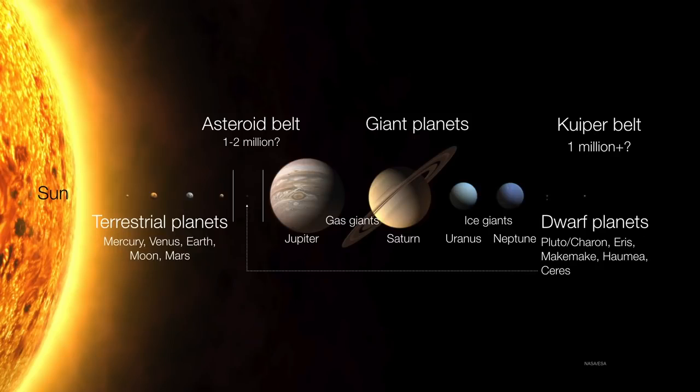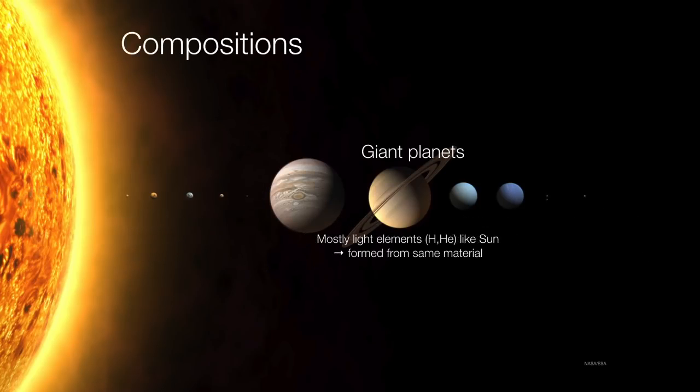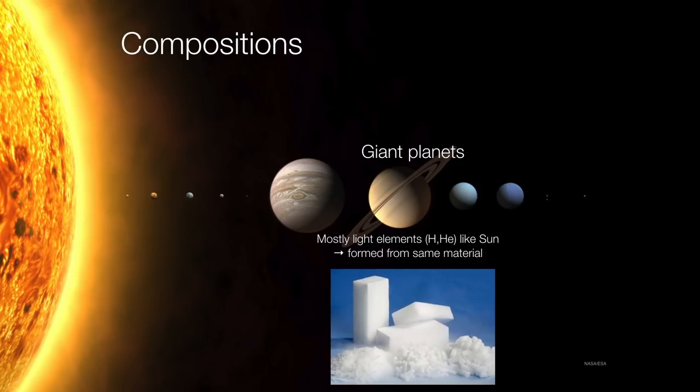So as we gaze around the solar system, we find there's a variety of objects, namely giant planets and terrestrial planets. Giant planets are composed of mostly lightweight materials, what we call volatiles. For example, this is dry ice, frozen carbon dioxide, and frozen ammonia.